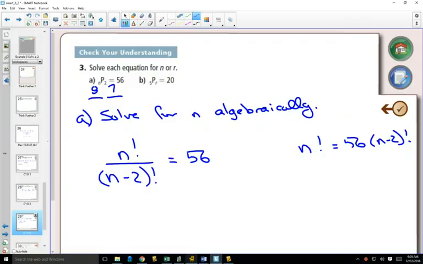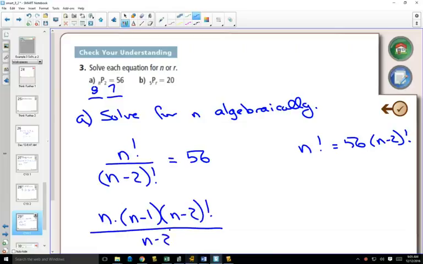Because the way that you get rid of a factorial is by expanding and canceling out. And you expand the bigger one. In this case, the bigger one is n, so we'd have n times n minus 1. And we keep going down until we get to the one that's on the bottom, which is the n minus 2 factorial, because then they'll cancel out.